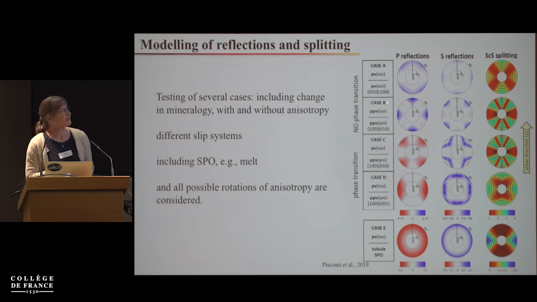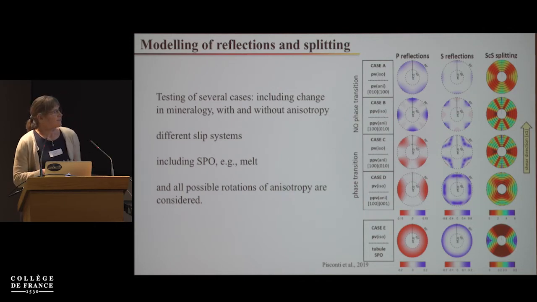Then we have isotropic post-perovskite over anisotropic post-perovskite. And then we have two cases with a phase transition. So we have bridgmanite above and post-perovskite below, but with two different slip systems that we found in the literature. So we used elastic constants that are published in the literature. And then we also try SPO in this case, but we also tried MgO and other candidates.